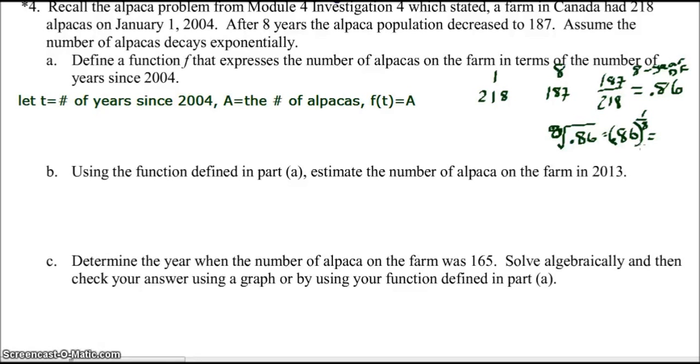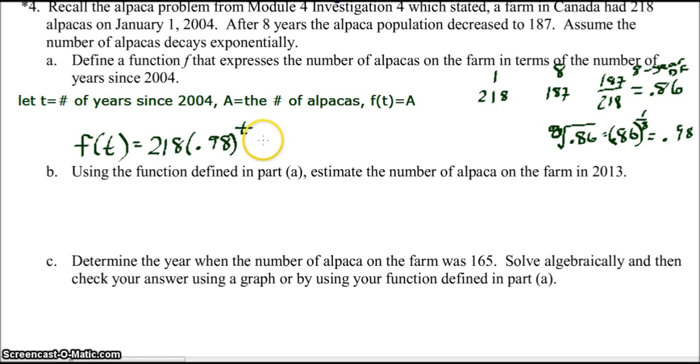And that's about 98%. So our function, which gives us the number of alpacas, is the initial value of alpacas, 218, times our 1-year decay factor, 0.98, to the exponent t, the number of years since 2004.